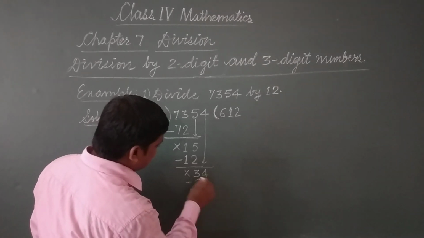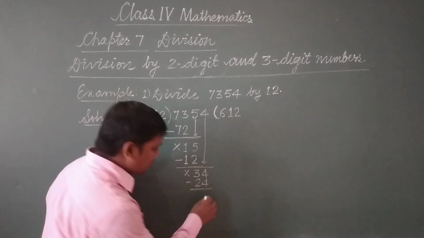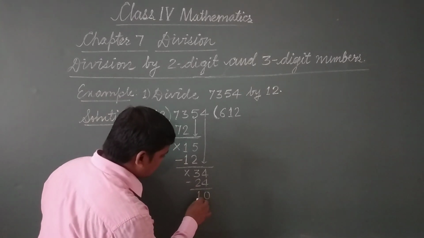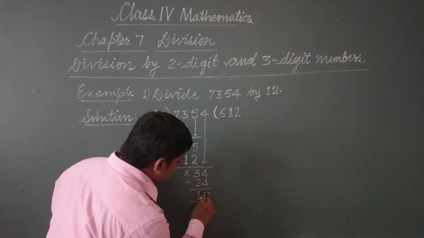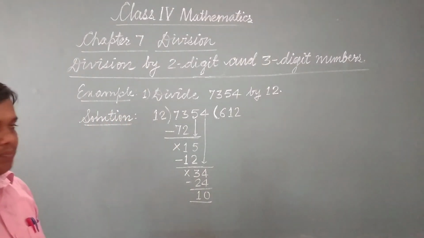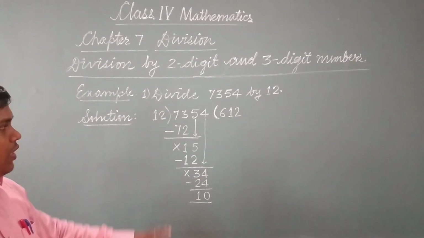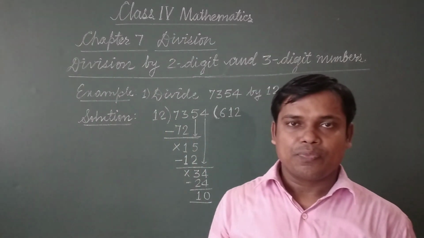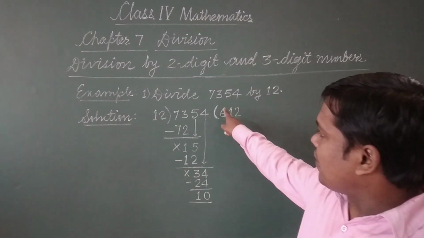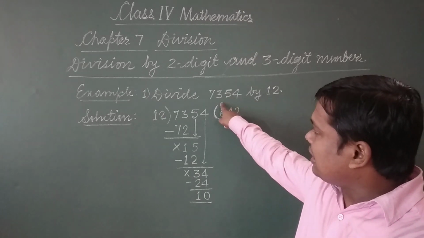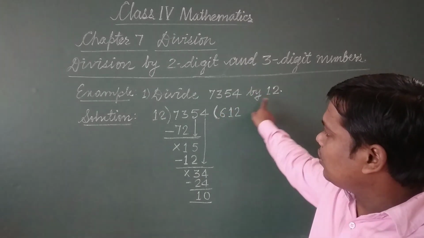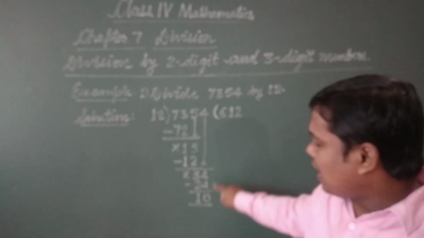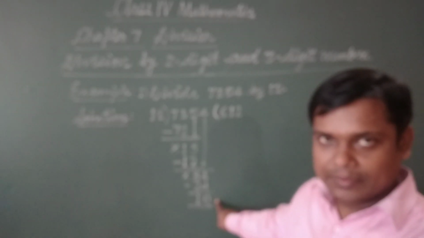Now we will subtract 4 minus 4, 0, 3 minus 2, 1. So we got in this case remainder 10. Means when we divided 7,354 by 12, we got quotient 612 and remainder 10.